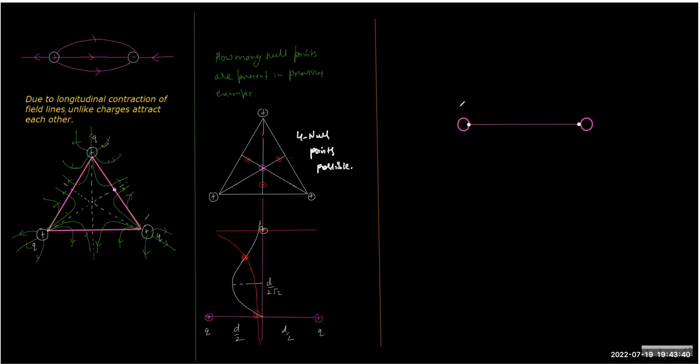So let's say one is positively charged and the other is negatively charged. But they are different in magnitude. Let's say this is much bigger, this is very small. So now the plus will have the bigger dominance than the minus.